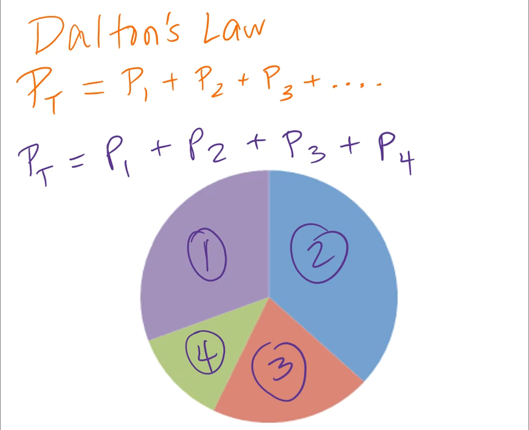It's still telling you the same information. So for instance, if we know that we have a total pressure of 10 atmosphere and that one gas contributes 50%, we just multiply that 50% times 10, which would be 5. So that means that that one would have a pressure of 5.